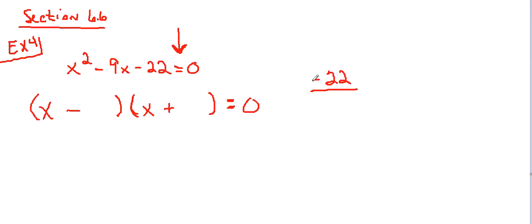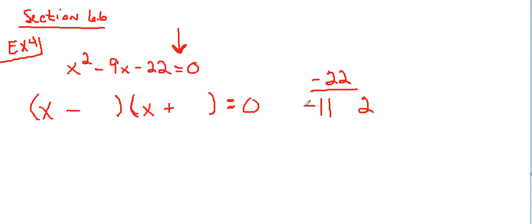And what will that be? Okay, so I've got 11 times 2 is 22. Not too many factors of 22. 11 minus 2 is 9, but I need what number to be negative here to get a negative 9?